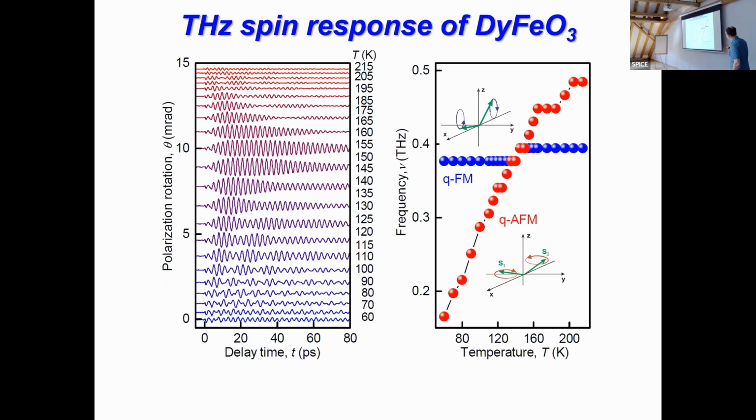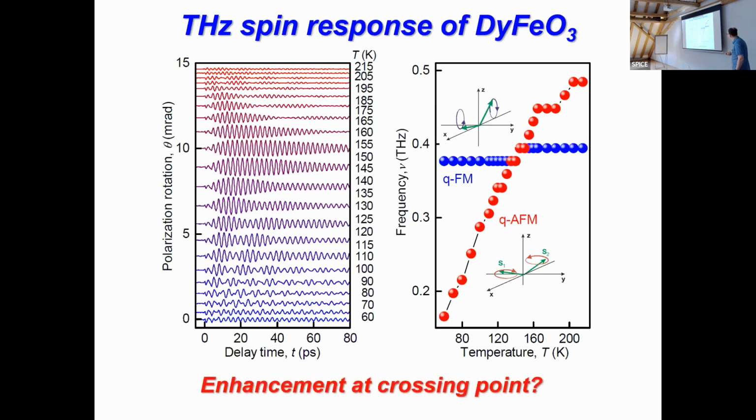We can then extract these frequencies experimentally and confirm that indeed there is a temperature where they cross each other. But if you look carefully at the time domain signals, you can clearly see that around the temperature, say 150 Kelvin, corresponding to this point, the amplitude seems to be enhanced.